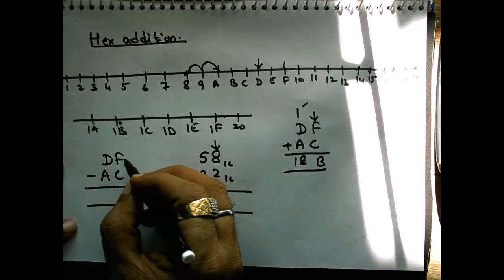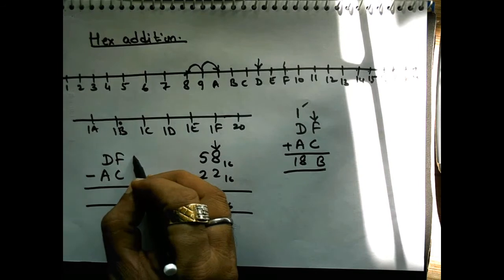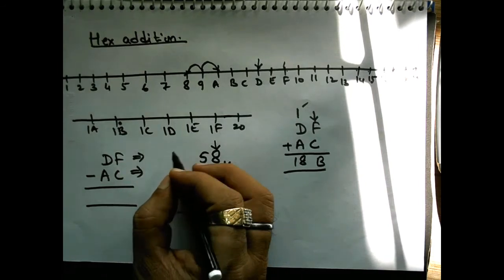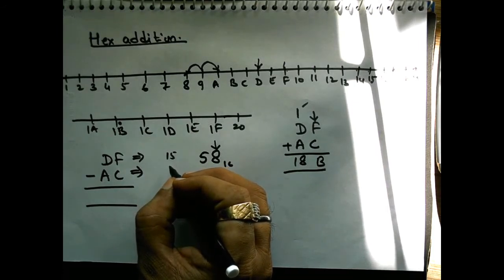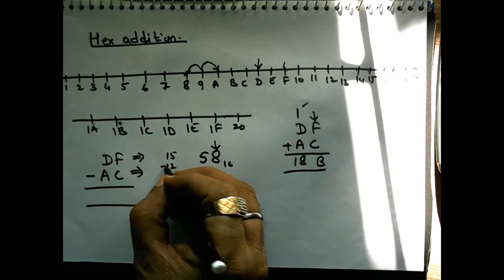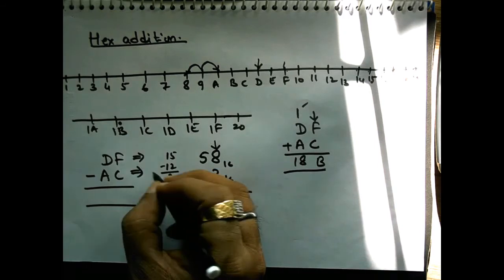You can simply break this problem down into its decimal equivalent, and then think of what will happen. F is equivalent to 15 and C is equivalent to 12. So 15 minus 12 results in 3.